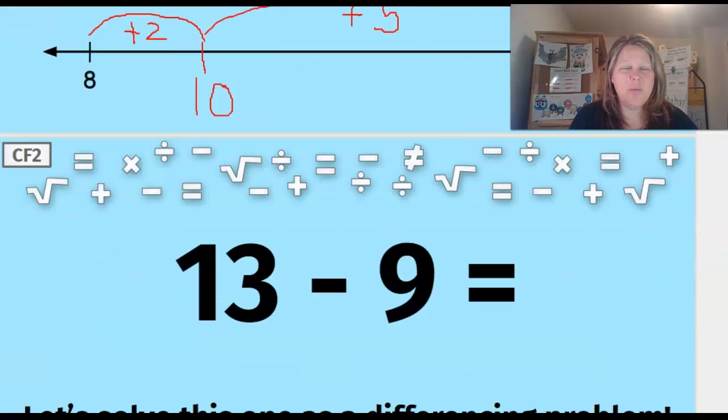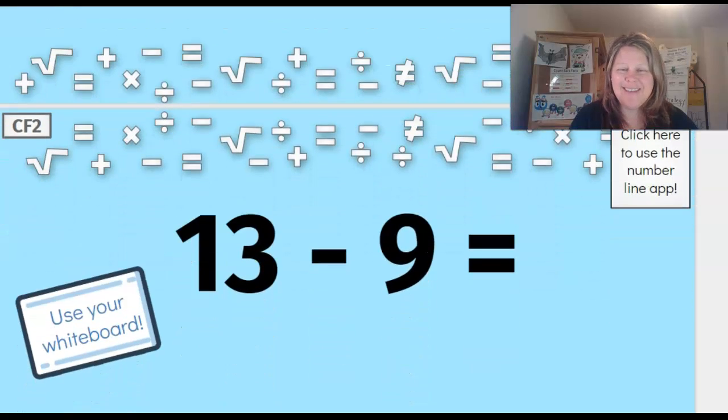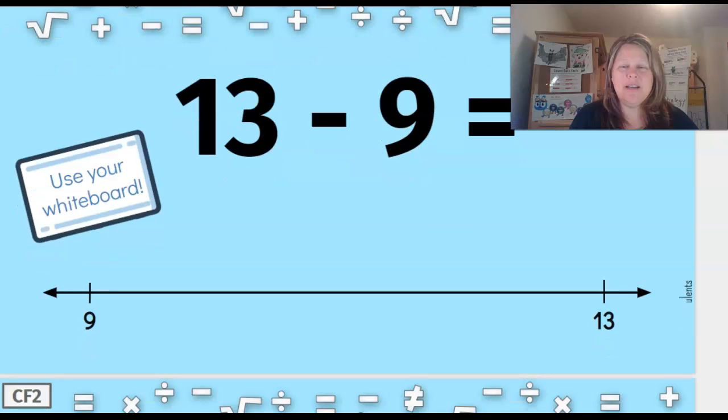All right, let's try one more. Whoops, I was going a little fast there, guys. All right, how about 13 minus 9? Can you solve this problem on your number line? Remember, use it as a differencing problem. Try to go forward and use addition. I'll give you a minute to do this.